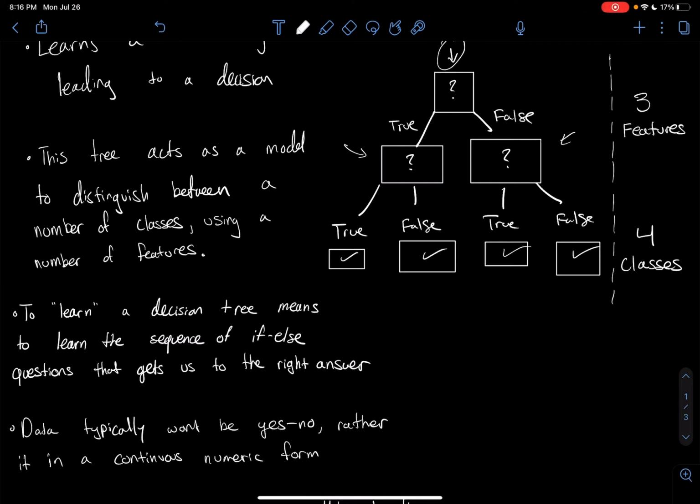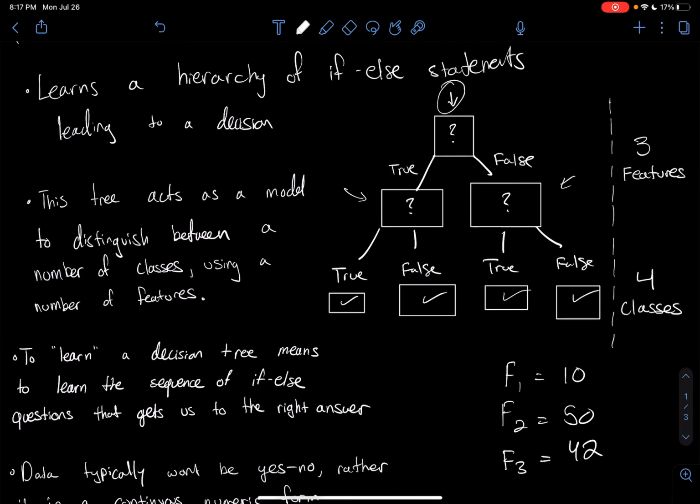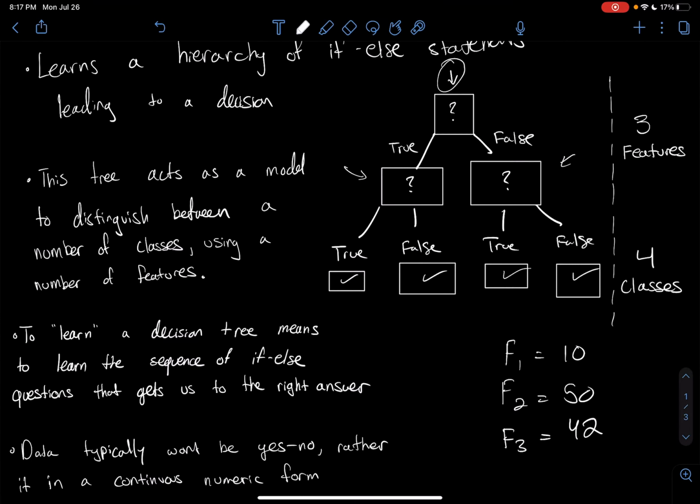Let's say you had a data point that had 3 features, and each feature was represented by a number. Feature 1 is equal to 10, feature 2 is equal to 50, and feature 3 is equal to 42. I should get better at writing these out so you can see this instead of me just talking. When you're going through this decision tree, you might reach the first test, and it will be asking, is feature 1 greater than 13?